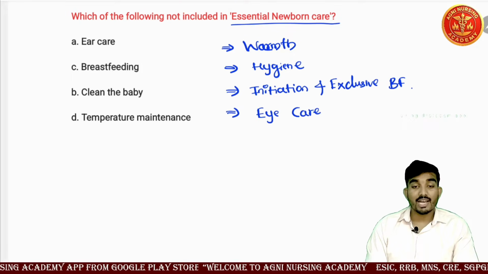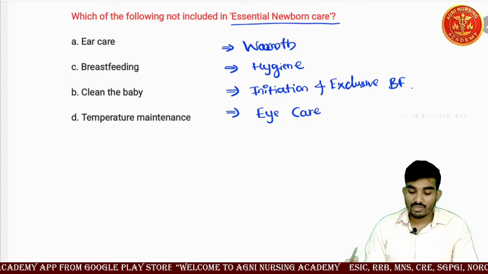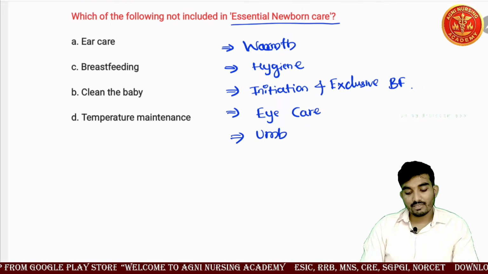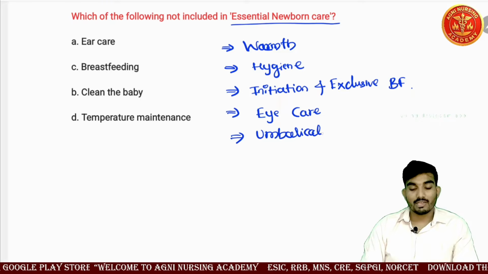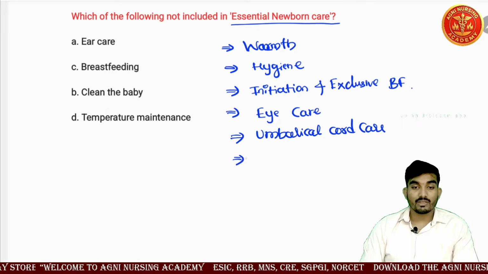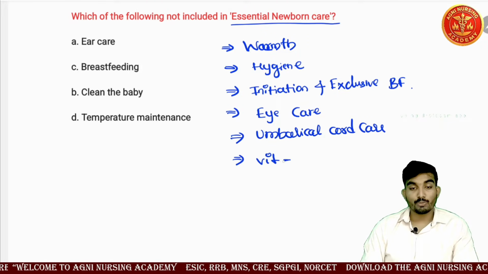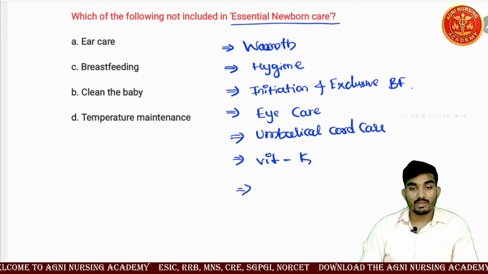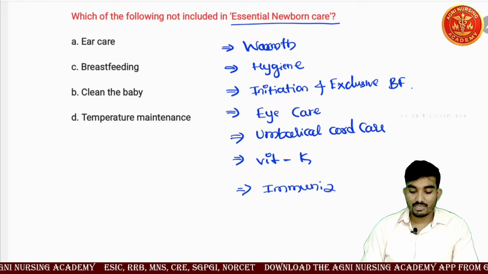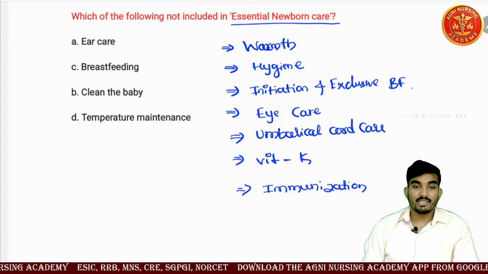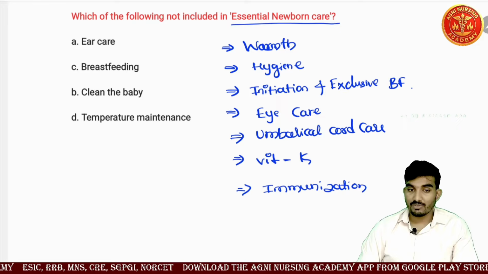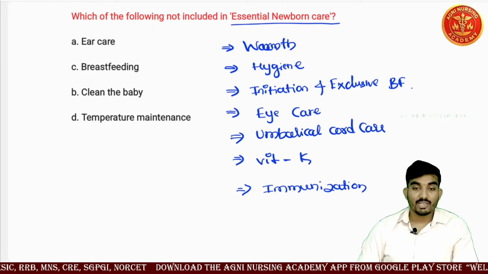We'll clean the eyes from the inner canthus to the outer canthus, and again umbilical cord care, and we'll give the vitamin K injection to prevent bleeding, and we'll give the immunization. These are the steps I have told you, the essential newborn care steps.